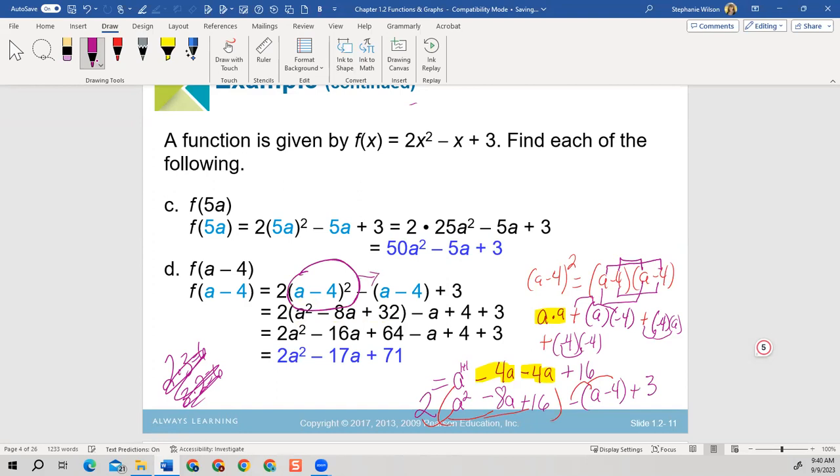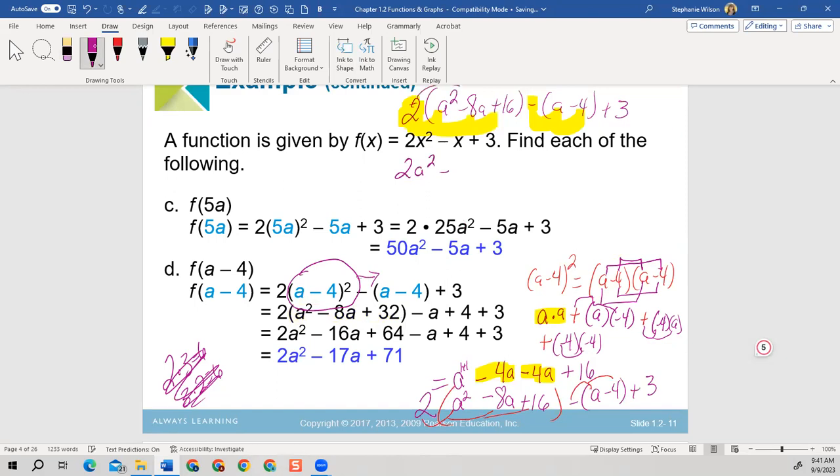So now I need to take that 2 times that (a squared minus 8a plus 16) minus my (a minus 4) plus 3. Now let's finish this. So I said I'm going to distribute this 2. I'm going to distribute this negative sign. So 2 times a squared, we'll get 2a squared.